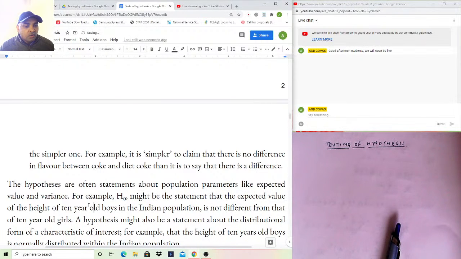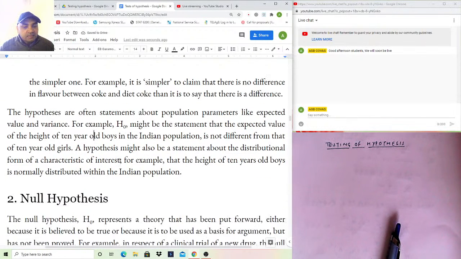Okay. Now, hypotheses are often a statement about population parameters like expected value and variance. For example, your null hypothesis might be a statement about the expected value. What is expected value? Mean, isn't it? We have studied in probability random variables that expectation is nothing but the mean value.